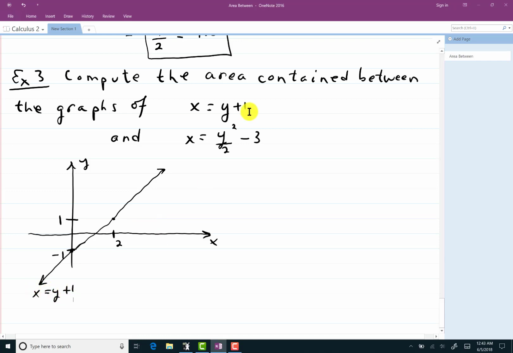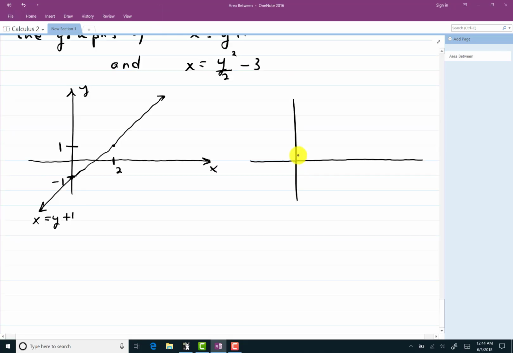And now this one here, x equals y squared. I'm going to graph it. X equals y squared is nothing more than a parabola that has been flipped about the line y equals x. So this is x equals y squared.